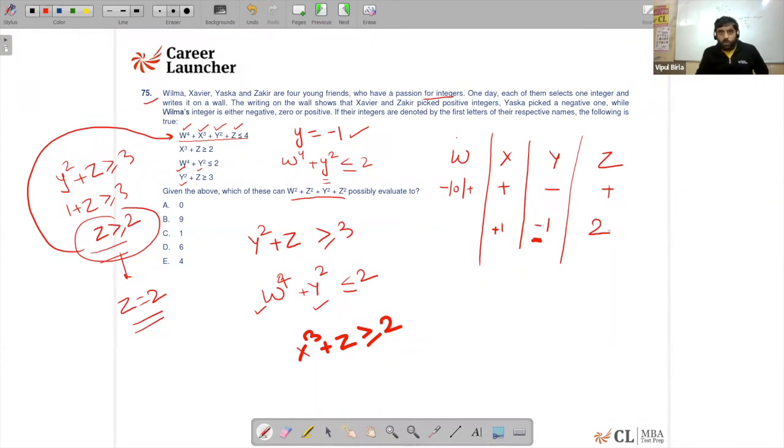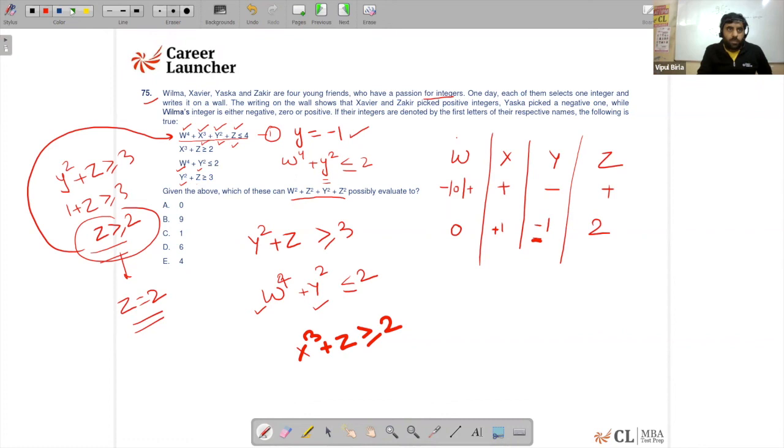Now, if z is going to be 2, if you look at again the first equation, so that's going to be 2 plus 1 plus 1, 4. So therefore, w to the power 4 has to be 0, and therefore I can straight away say w will be equal to 0.